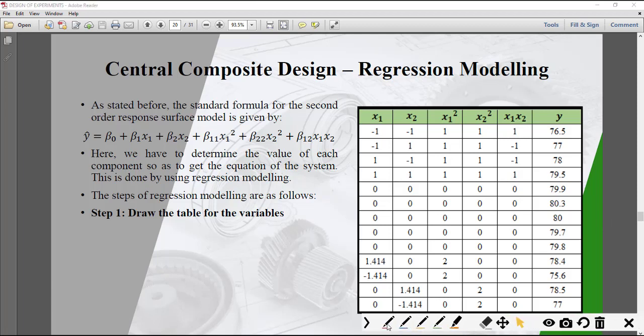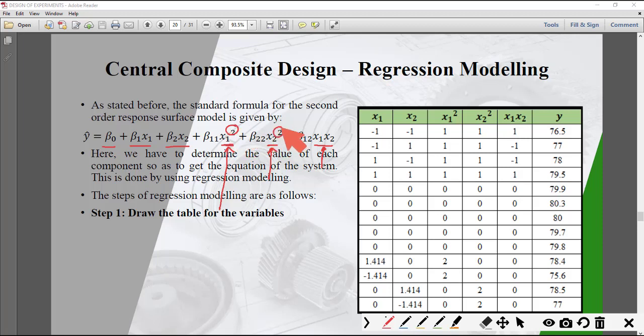The equation will consist of beta 0, beta 1 x1 and beta 2 x2, just like the first order response surface design. But at the same time, it will also contain terms of x1 square, x2 square and x1 x2 interaction. If you look at this, what is the power?